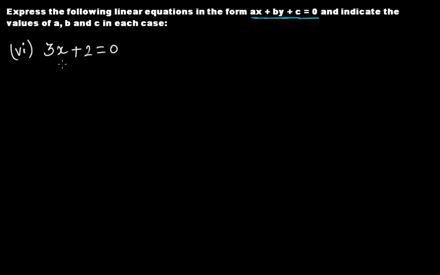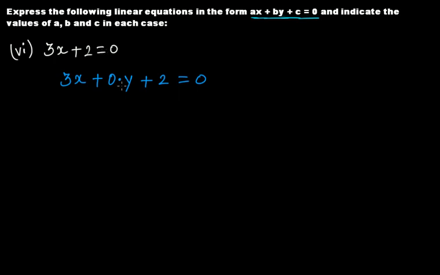3x plus 2 is equal to 0. Okay, so if 3x plus 2 is equal to 0, now in this case this is basically 3x plus 0 multiplied by y plus 2 is equal to 0. This is basically a linear equation in one variable, not a linear equation in two variables.